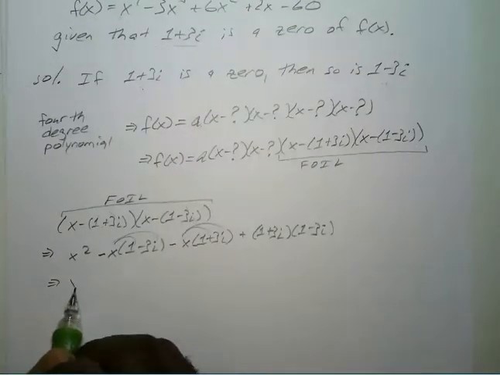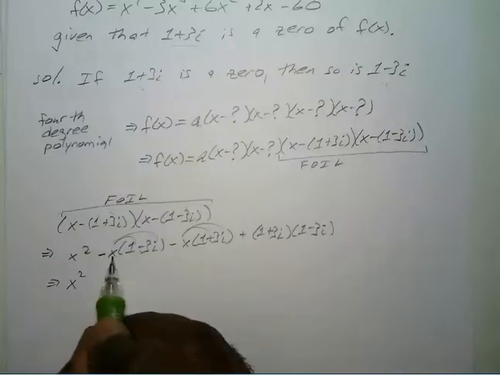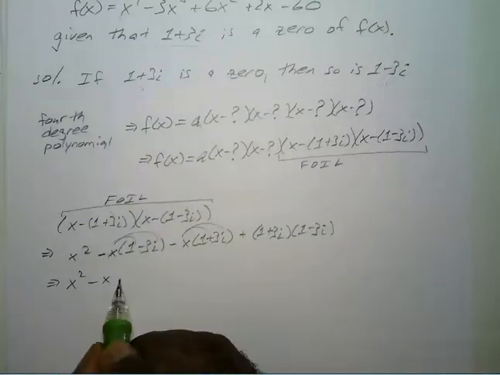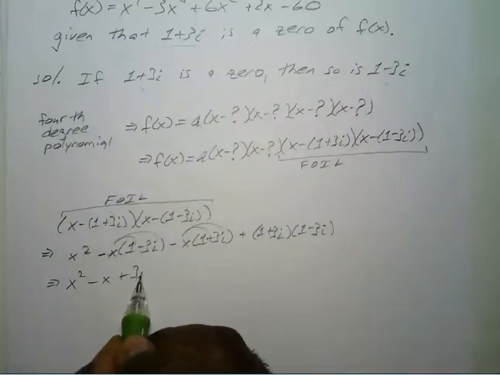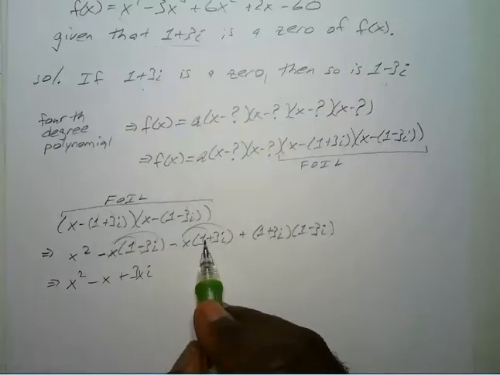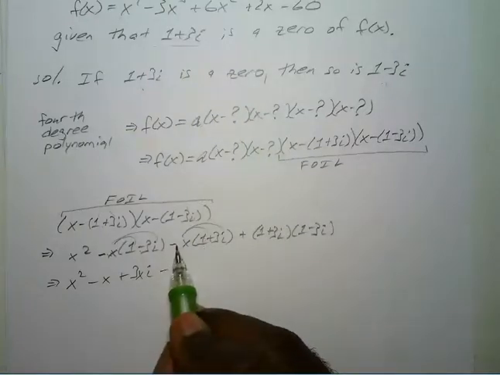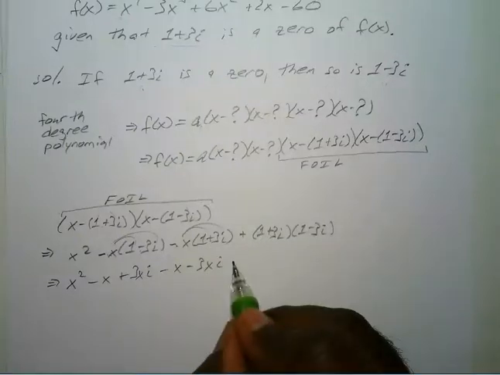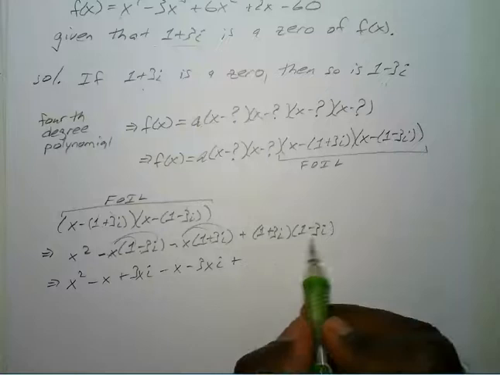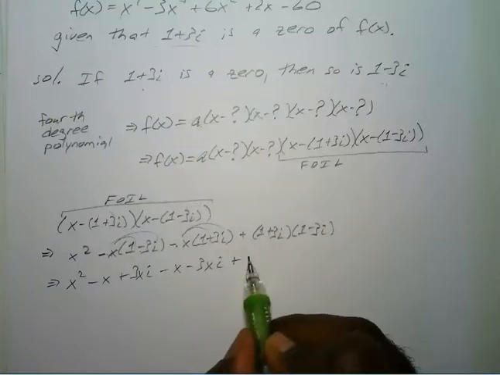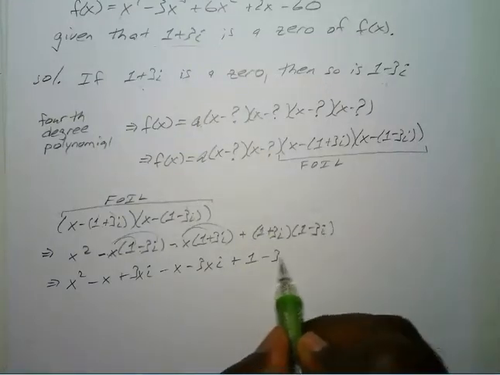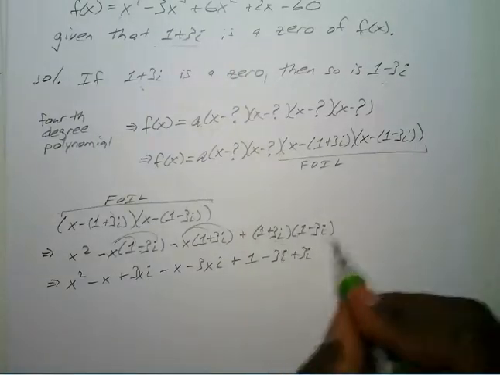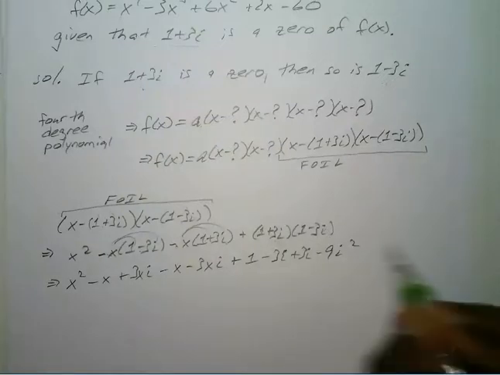So that's going to give you x squared minus x, because negative x times 1 is negative x, negative x times negative 3i is plus 3xi, negative x times 3i is minus 3xi, plus, now we FOIL these: we have 1, your outer is negative 3i, your inner is positive 3i, and your last is negative 9i squared.